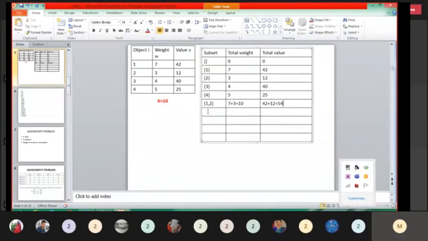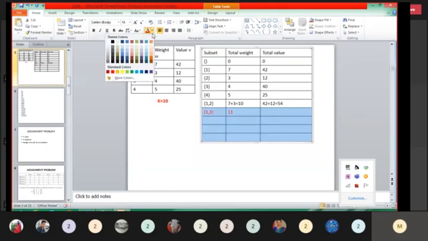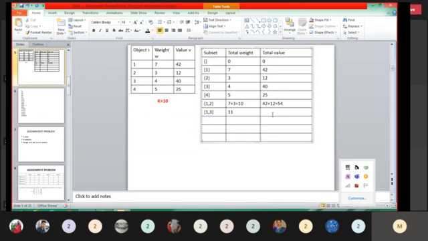What about the next set, 1 comma 3? Total weight 11 and value 82.